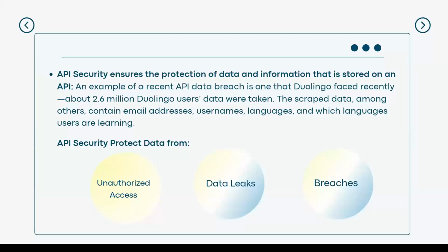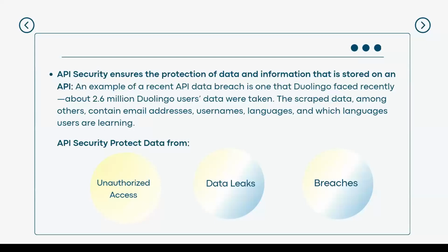It happened a few weeks ago, or some days ago. About 2.6 million users' data were taken, and this data included their email addresses, usernames, languages, and the languages they are learning. This wasn't just breached, it was sold in a hacking forum.